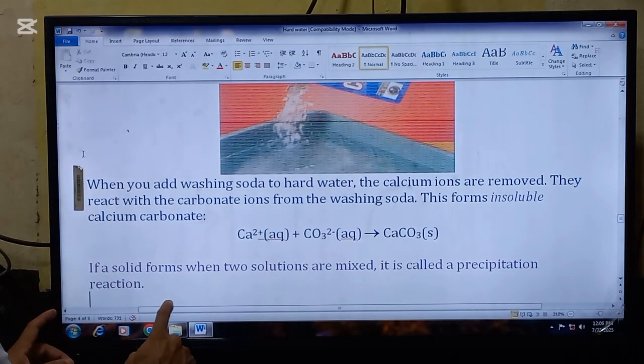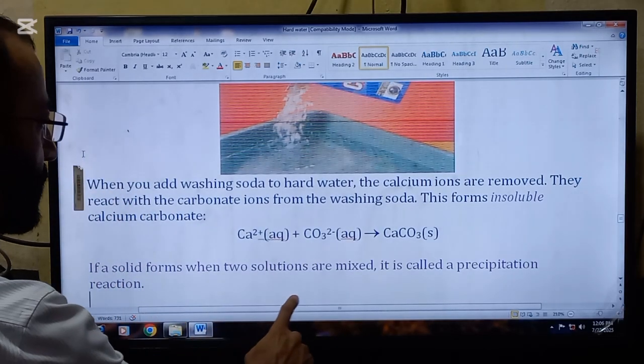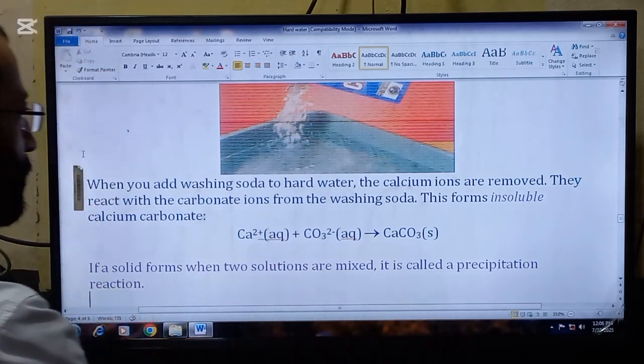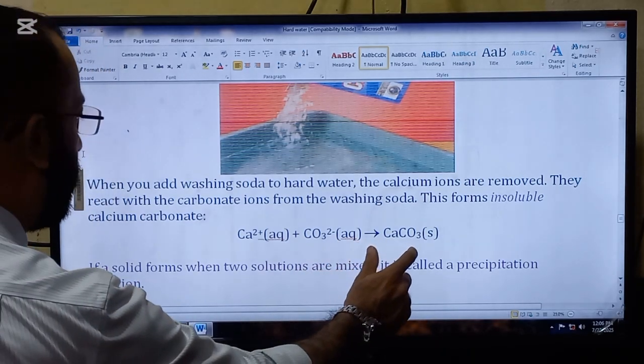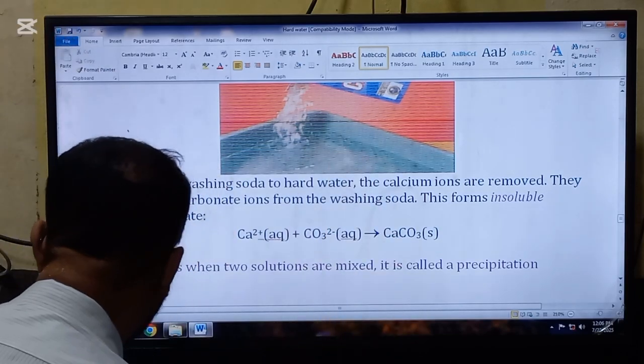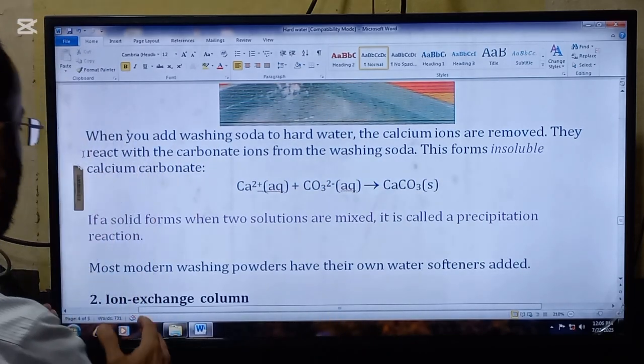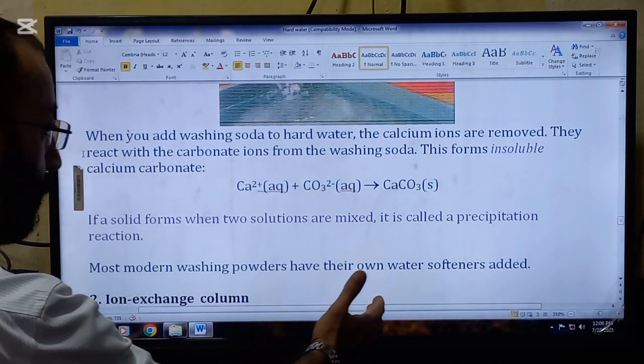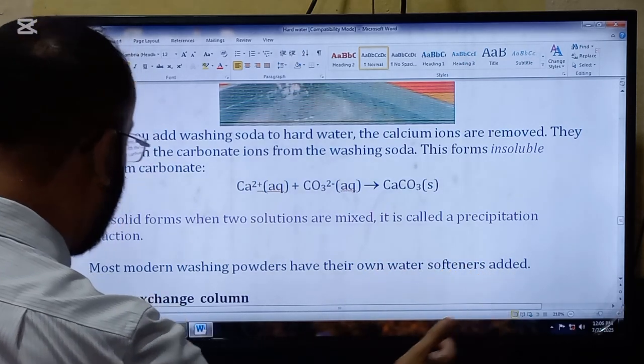If a solid forms when two solutions are mixed, it is called a precipitation reaction. So the calcium carbonate that is made is insoluble, so the hardness is removed now. Most modern washing powders have their own water softeners added.